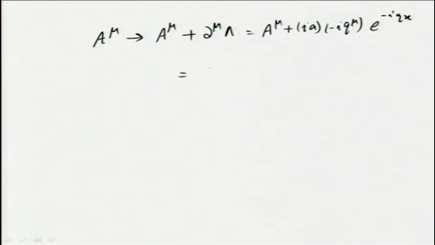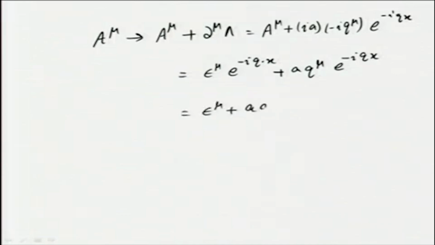So, if I write A mu as epsilon mu e power minus i q dot x, then plus i A times minus i q mu is plus A q mu exponential minus i q x, which is epsilon mu plus A q mu e power minus i q x.